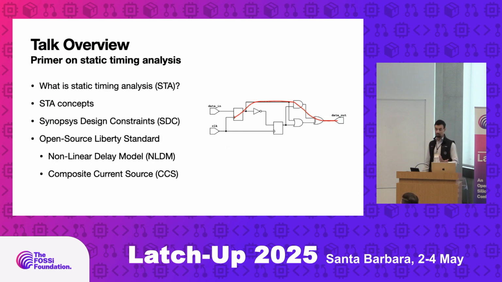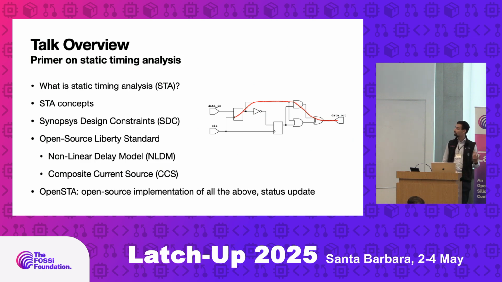I'm going to talk about the open source standards that exist, so Synopsys Design Constraints, and also the Liberty standard, and go into a little bit about how delays are calculated inside of a static timing analysis tool. Finally, at the end, I'll talk about OpenSTA, which is an open source implementation of all the above, and some recent progress in static timing there.